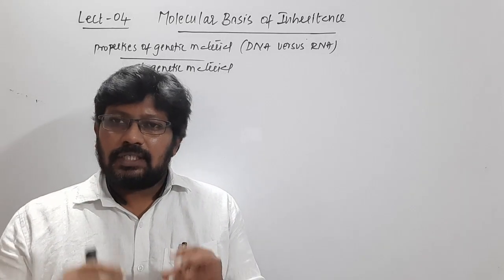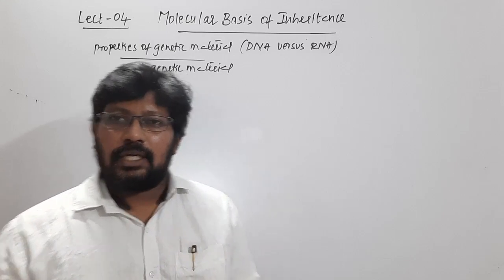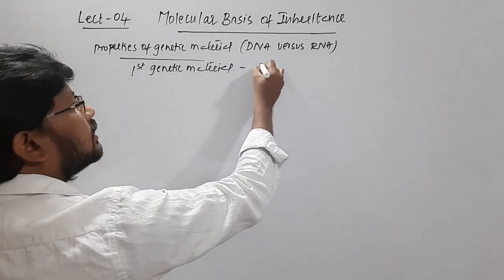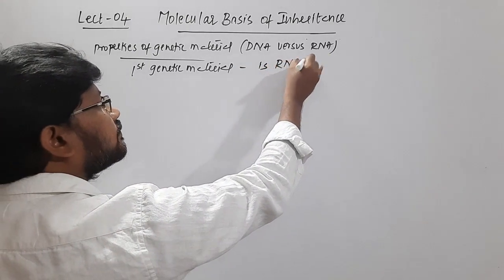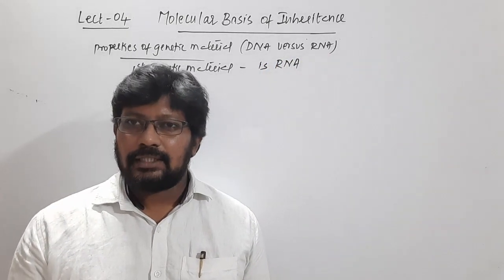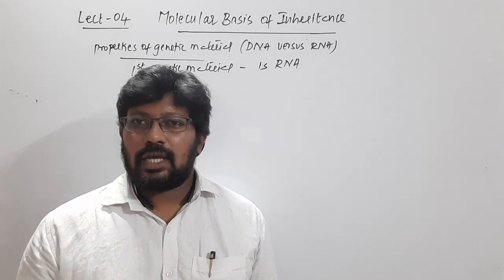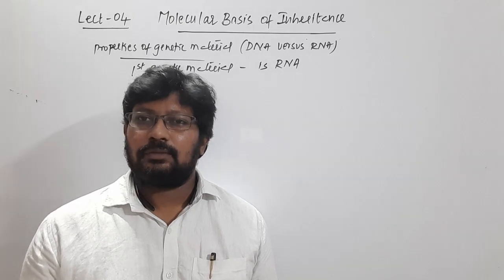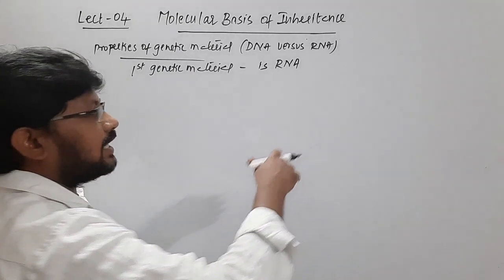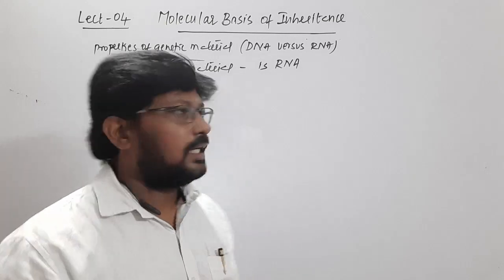Long back, the first self-replicating molecule that developed was actually RNA. Hence I say the first genetic material is RNA, and in course of time this molecule RNA, which is less stable, underwent a lot of chemical changes and resulted in the formation of a much more stable form, that is DNA. So in course of time RNA evolved into DNA.